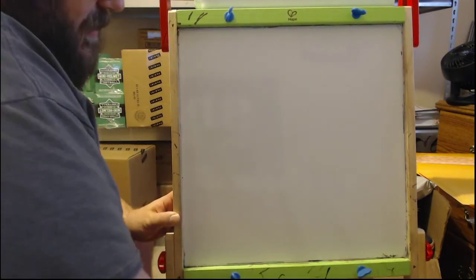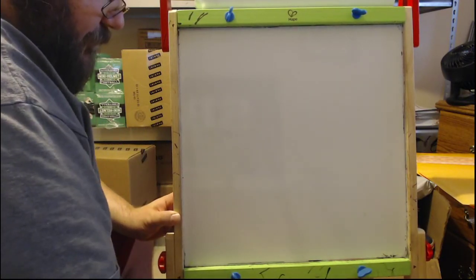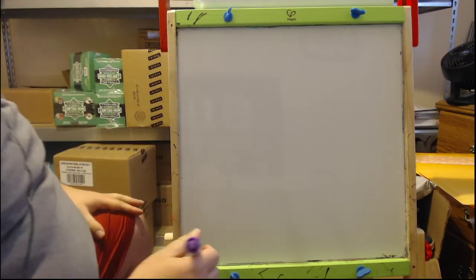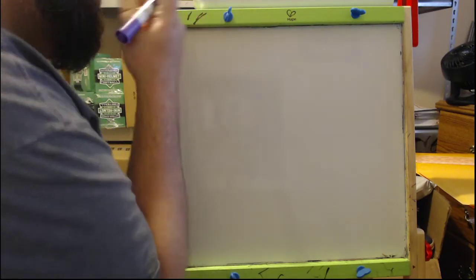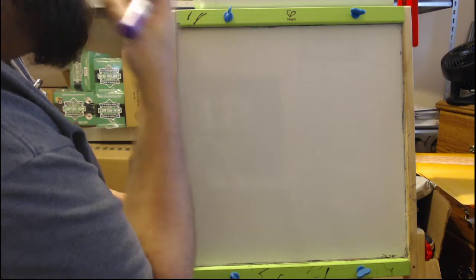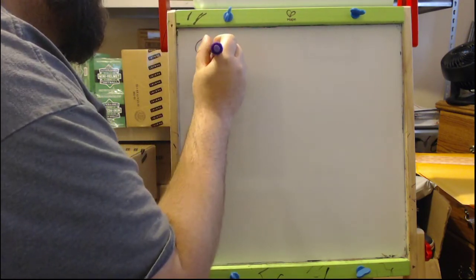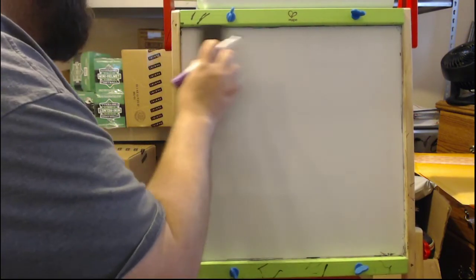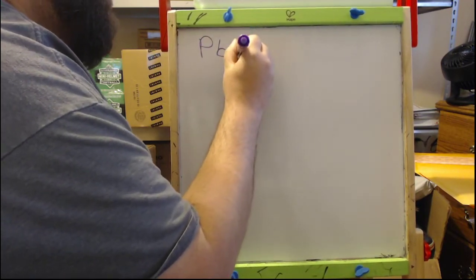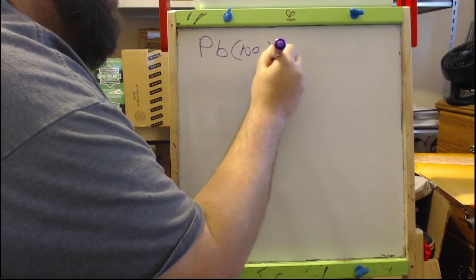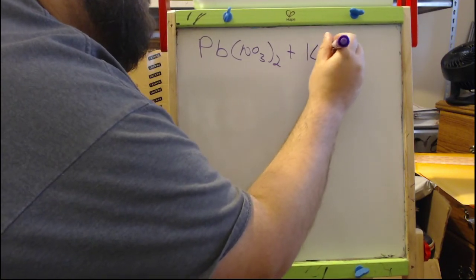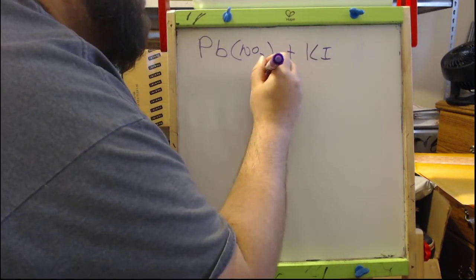Let's say I have a reaction of, let's do lead, we always do lead, Pb(NO3)2 plus potassium iodide. Okay, since it's a double displacement, now both of these are aqueous.